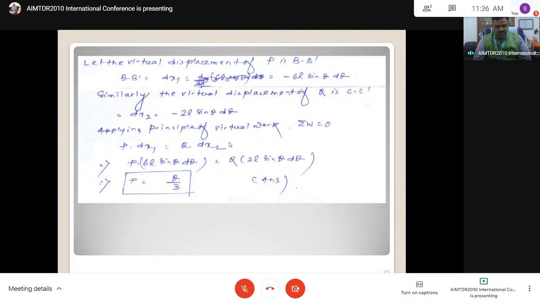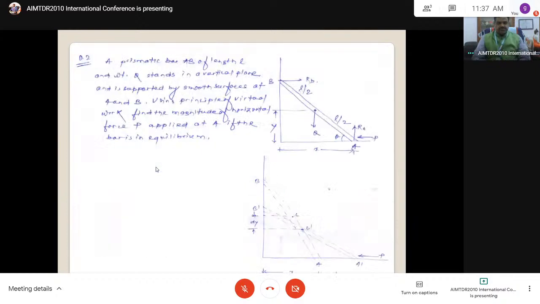The sum of the work done is 0. P into dx1 is equal to Q into dx2. Both are in opposite directions. Now substitute dx1 here, dx2 here. Minus 8L sin theta, actually it is 2L. Now simplify. It is actually 8, not 6. 8L, find out the value.